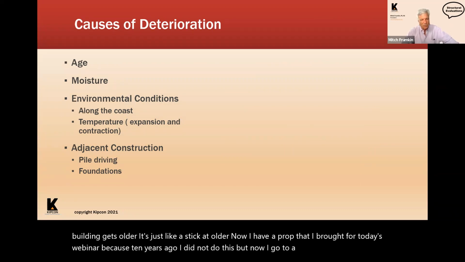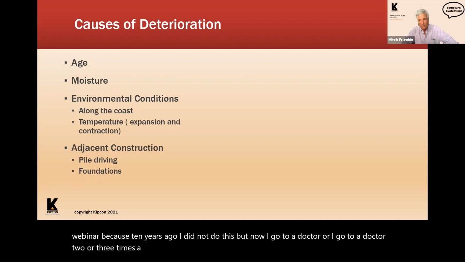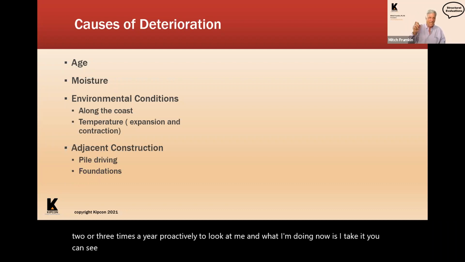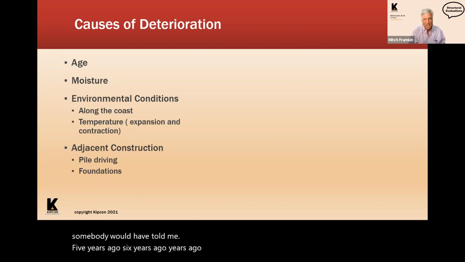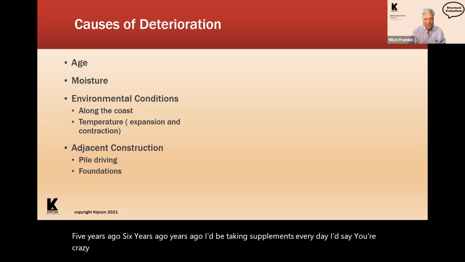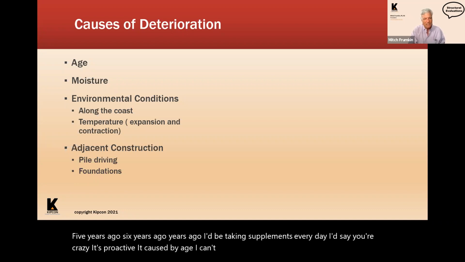I go to a doctor 2 or 3 times a year proactively to look at me. And what I'm doing now is I take, if you can see it, she has me taking supplements, D3, CoQ10, all these kind of things. If somebody would have told me 5 years ago, 6 years ago, I'd be taking supplements every day, I'd say you're crazy. It's proactive. It's caused by age. I can't stop it. And it's the same with a building.